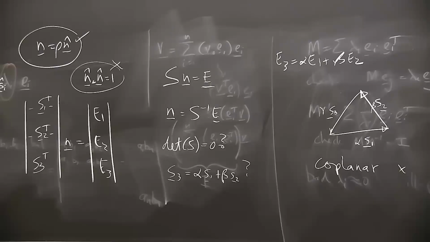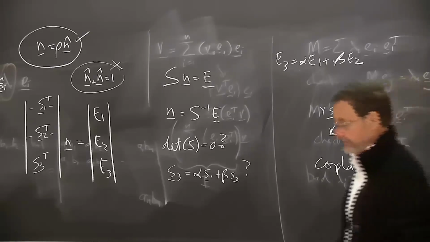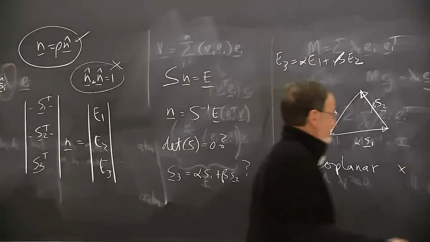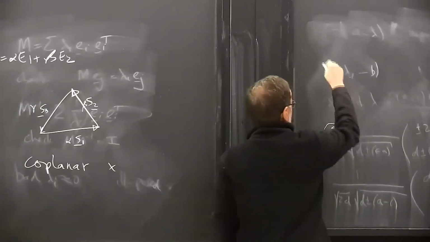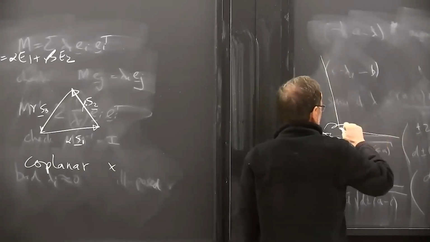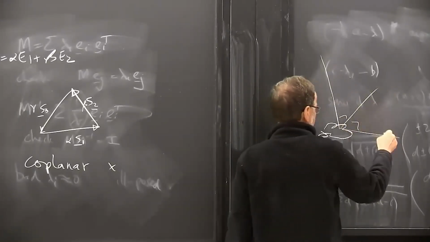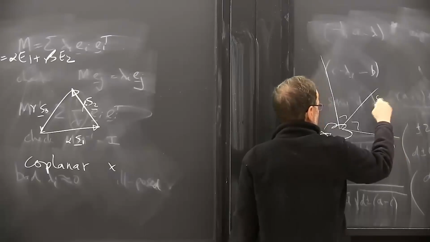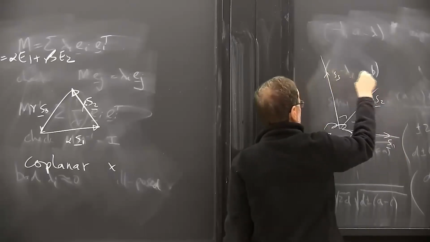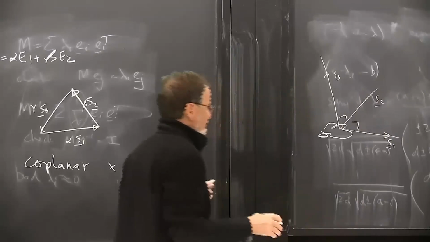For example, you could put them at x, y, z axes. So you could have an arrangement where the object is down here, and then you can erect some rectangular coordinate system, and S1 goes there, and S2 goes there, and S3 goes there. And now they're not coplanar, so this won't happen.